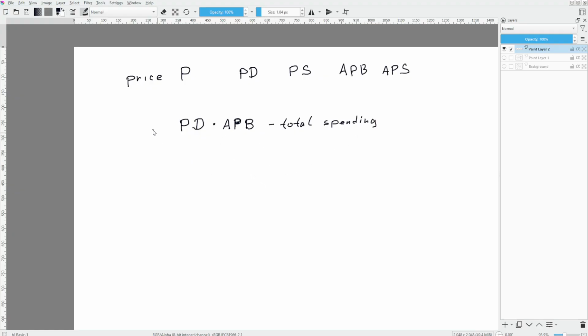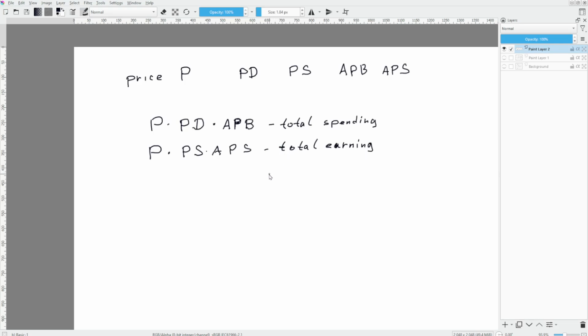There is, and multiplied by price, of course, there is a total earnings. So there is a price multiplied by promised supply multiplied by actual probability to sell, total earnings.